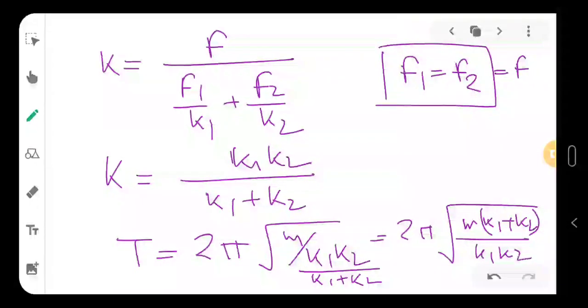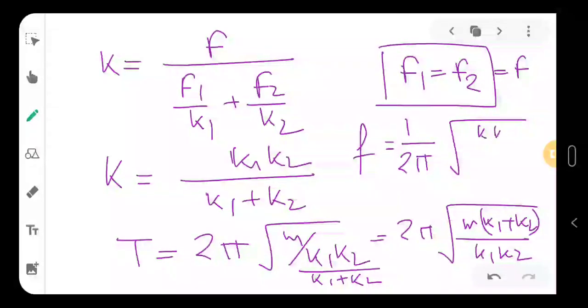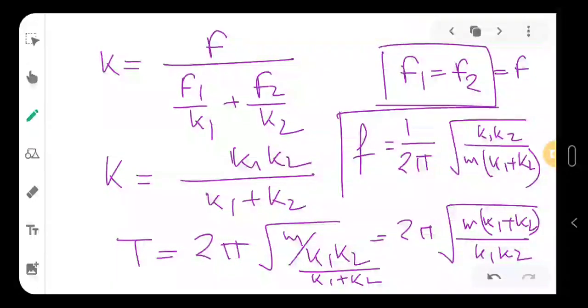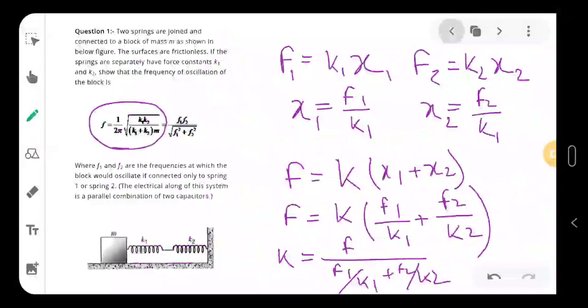So this is my time. If I just reverse it, I will get the frequency. So my frequency will be 1 by time, 1 by T, that is 1 by 2 pi root over, so the whole thing will be reciprocal only, plus K2. So this is what I wanted to prove.